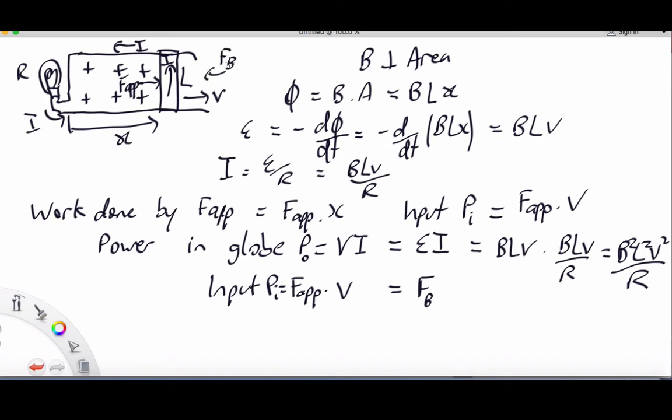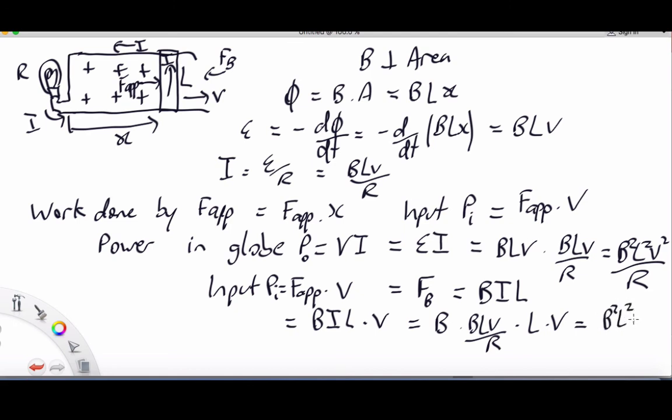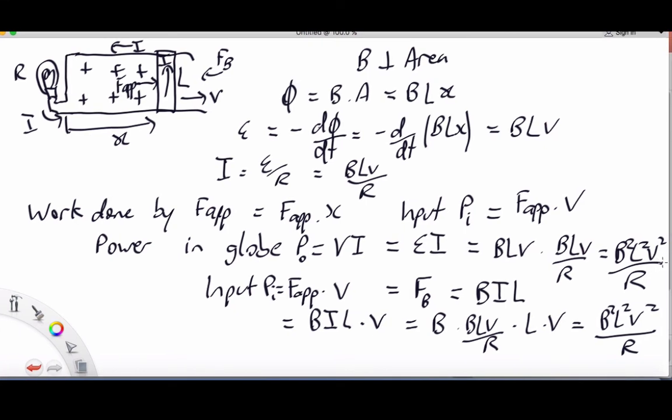That is why we must be doing work to push the bar, and that applied force is B times I times L. So our input power is going to be BIL times v, and we know that I is BLv over R, so that is B times BLv over R times L times v, which ends up with B squared L squared v squared over R. So the power, which is the rate of adding energy to the system by moving the bar, is equal to the power that is being dissipated by the globe.